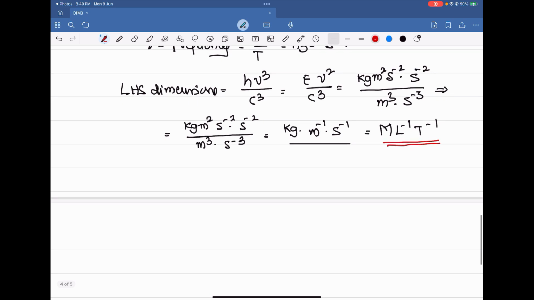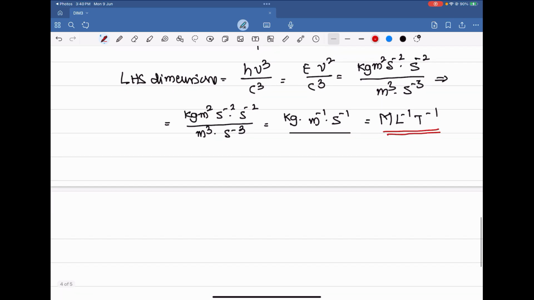Now, can we do something with this answer again? You see, left hand side is equal to kg meter per second. We can write it as kg meter square per second square divided by cubic meter into per second.